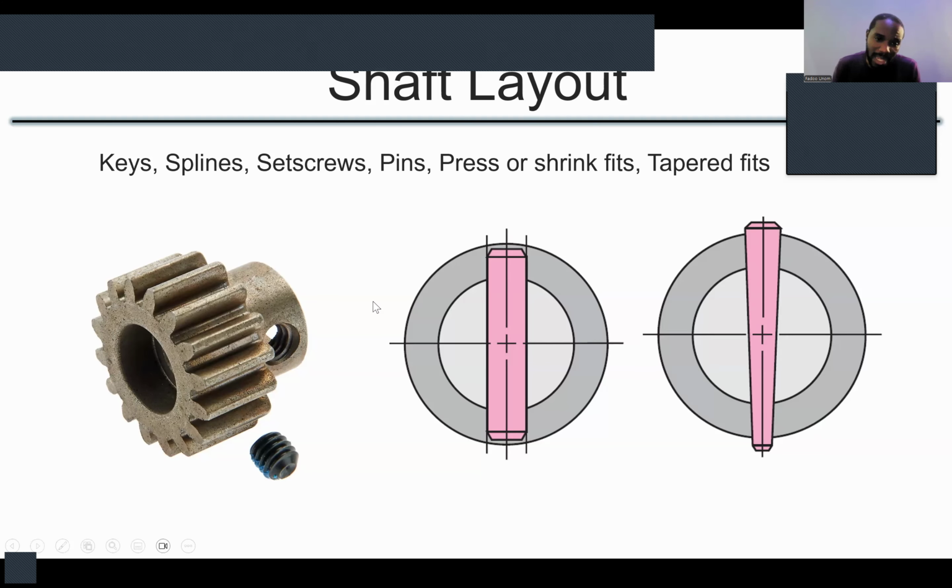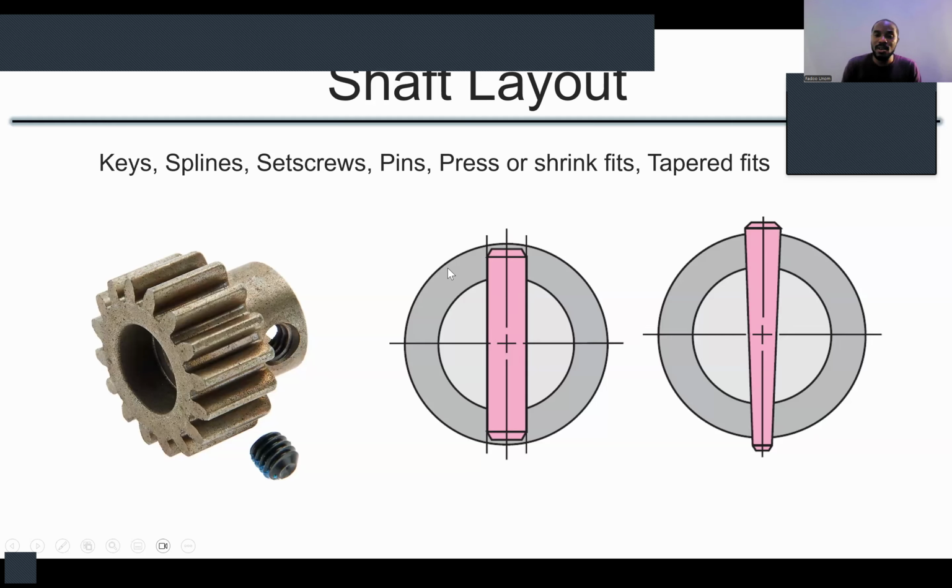So at this end, you fit your shaft into this, and then this set screw is screwed in until it holds the shaft in place. So as the shaft turns, this will also turn, or as your gear turns, the shaft also turns. Okay, set screws are one way of transmitting.